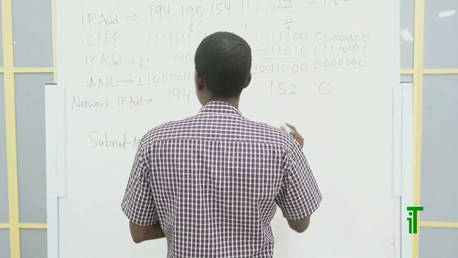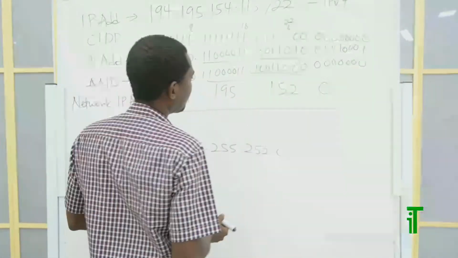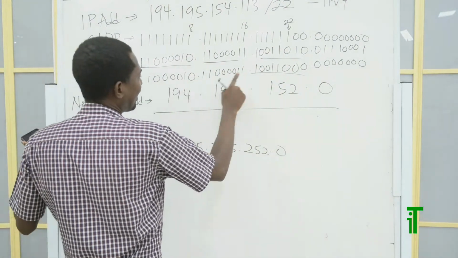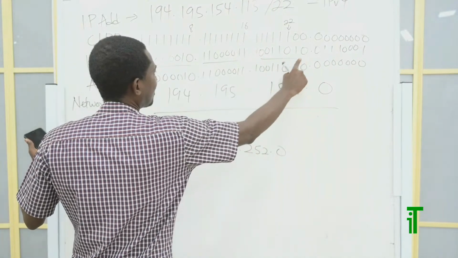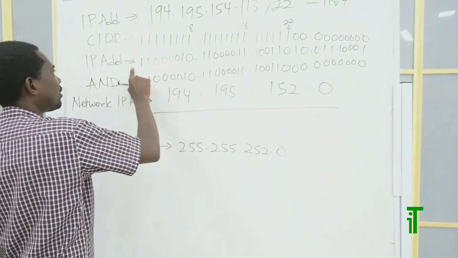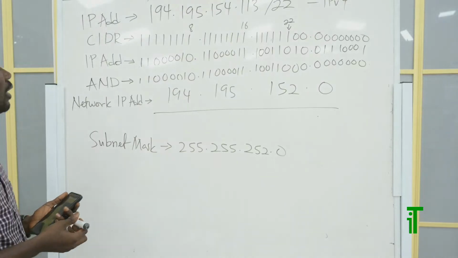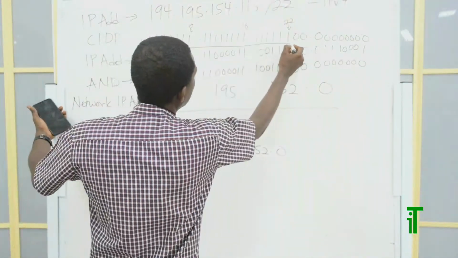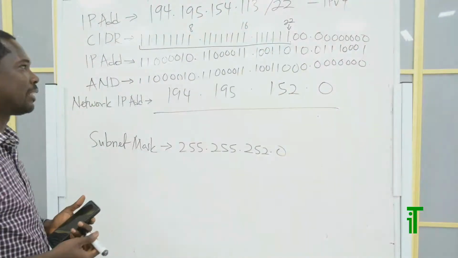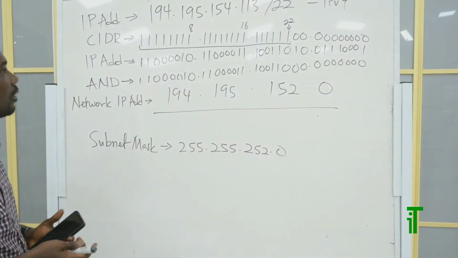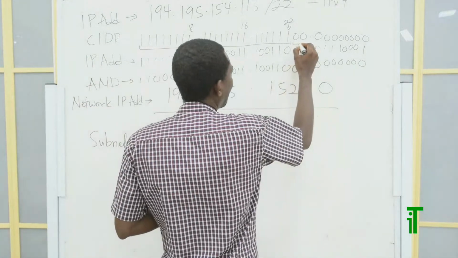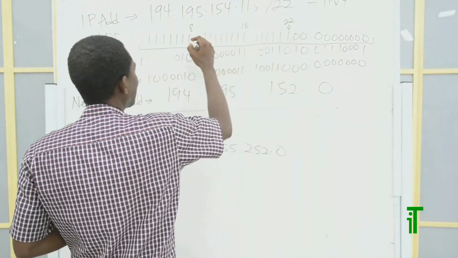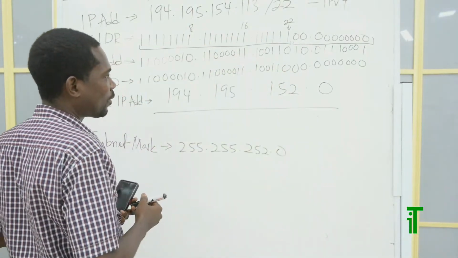And here we have 0. So this is the network IP address. From here all the way to this point is the network ID, and here we have the host ID.